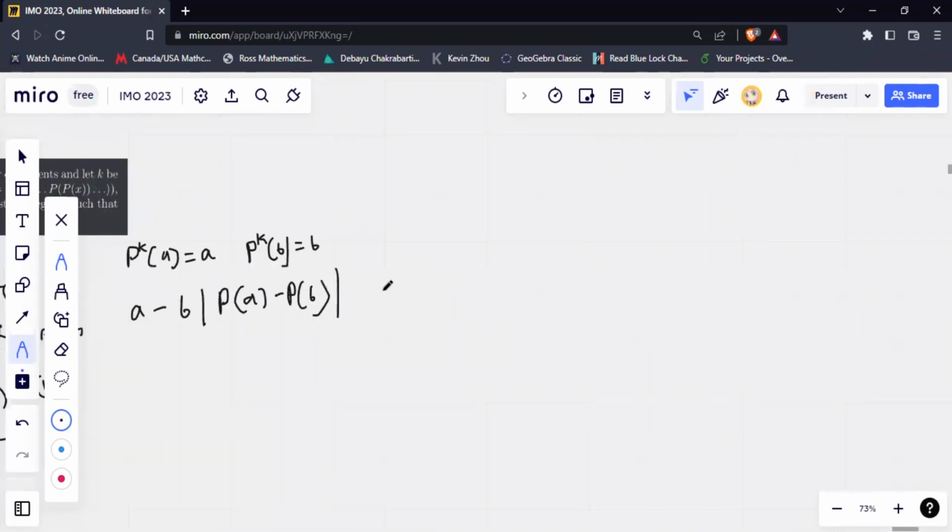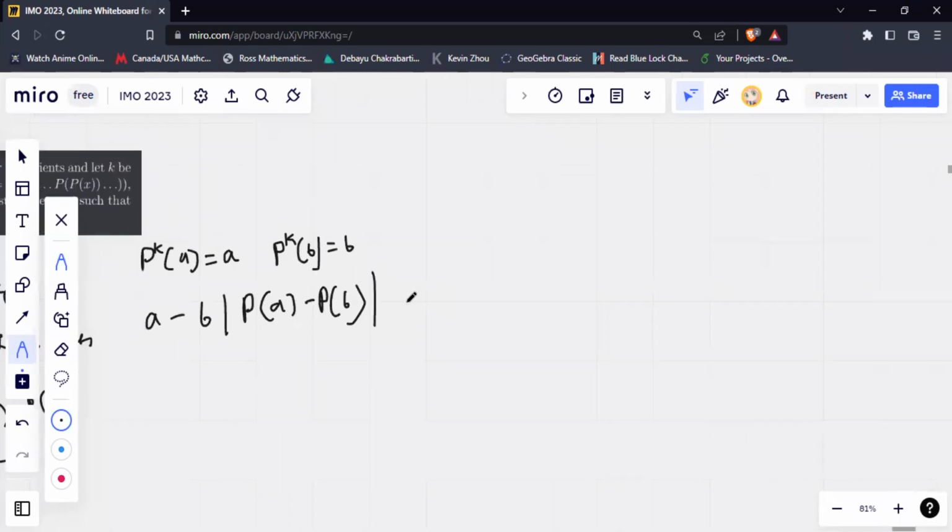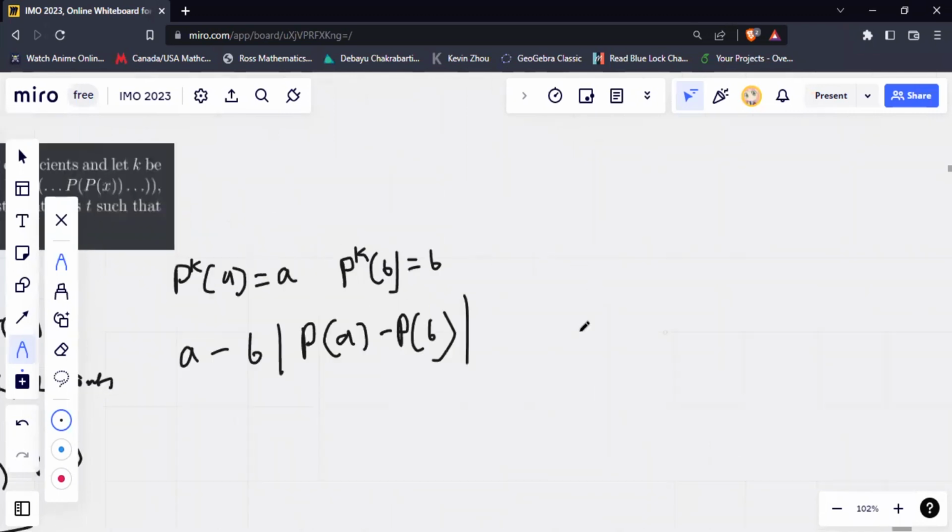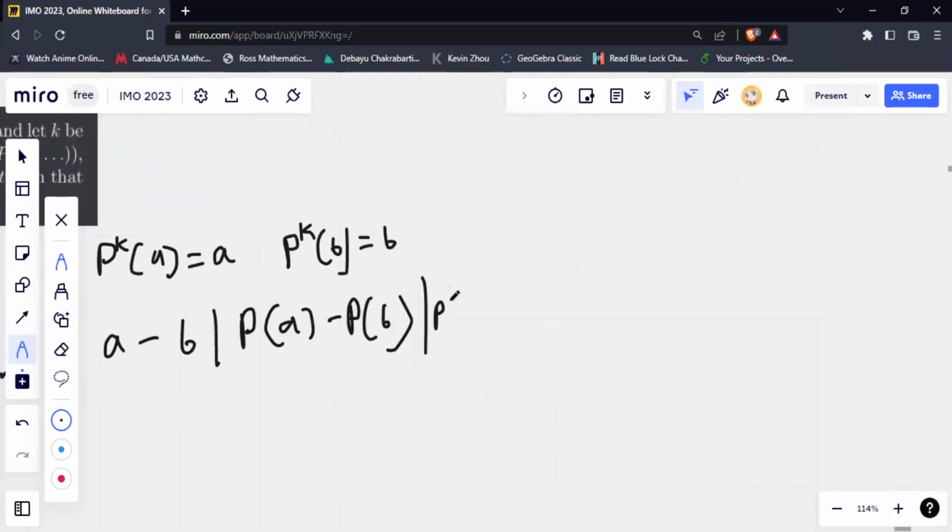But this also divides something else. And what is it? P^k of a minus P^k of b. Right.